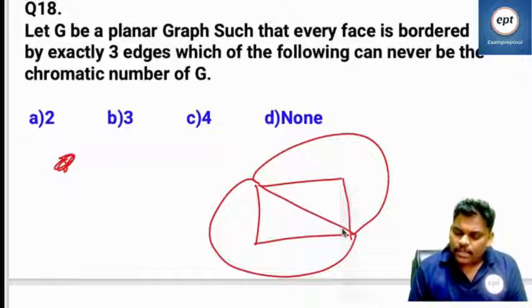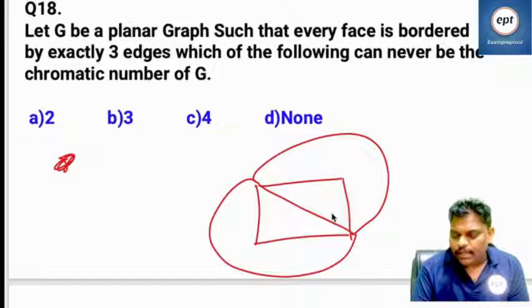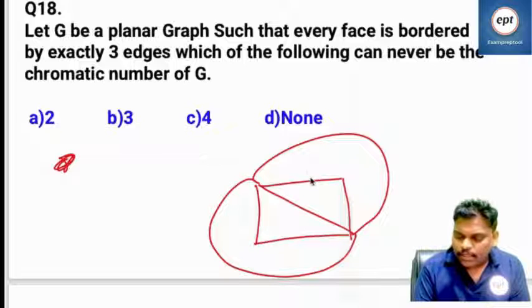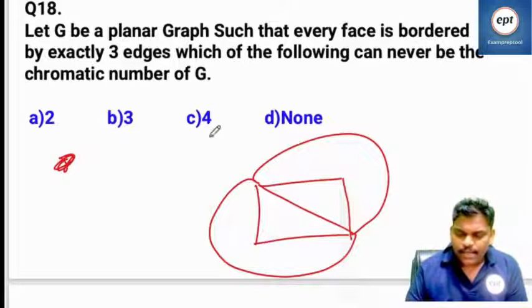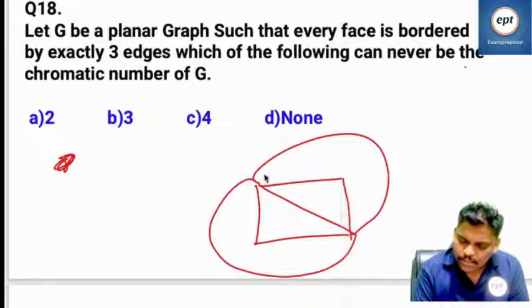So if this is the case, when you say every face, every region has degree 3, I think there is a triangle. When there is a triangle, at least 3 colors are compulsory, C1, C2, C3.